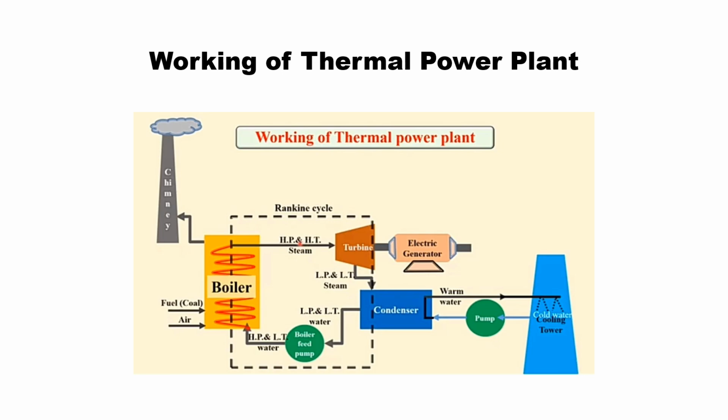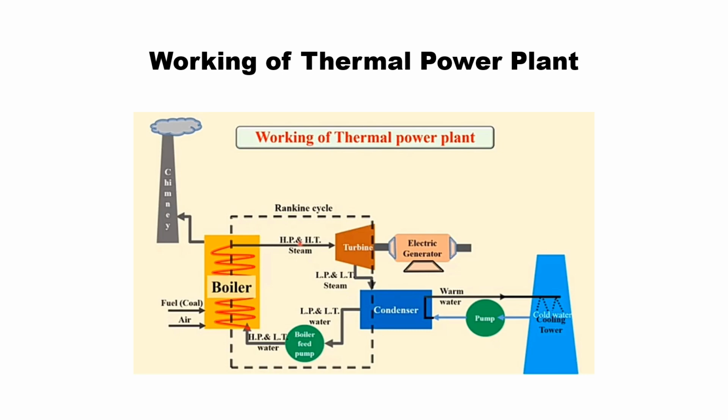After impact of steam in the turbine, the steam pressure will be less, and the less pressurized steam is further supplied to the condenser. In the condenser, we are cooling the steam by using cold water which is coming from the cooling tower.